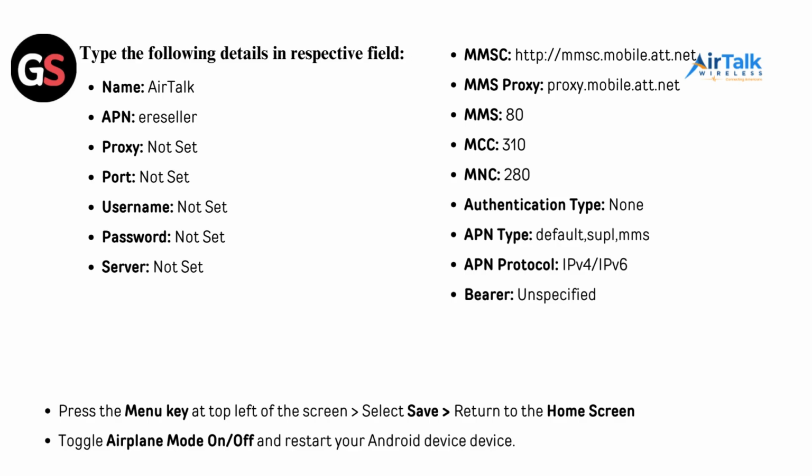Press the menu key at the top left of the screen, select Save, return to the home screen, toggle airplane mode on and off, and restart your Android device.